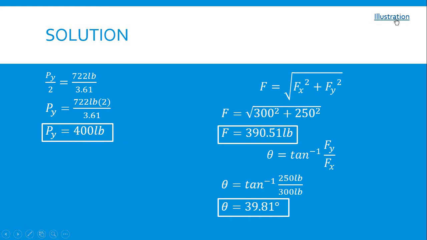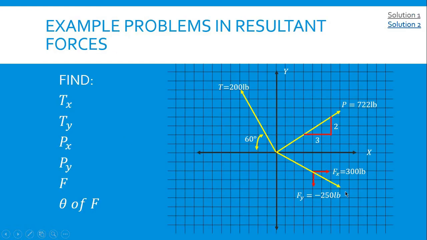Now for solving for F, F is located at the fourth quadrant where y is negative and x is positive. So we can see that F of x is equal to 300 pounds and F of y is equal to negative 250 pounds.